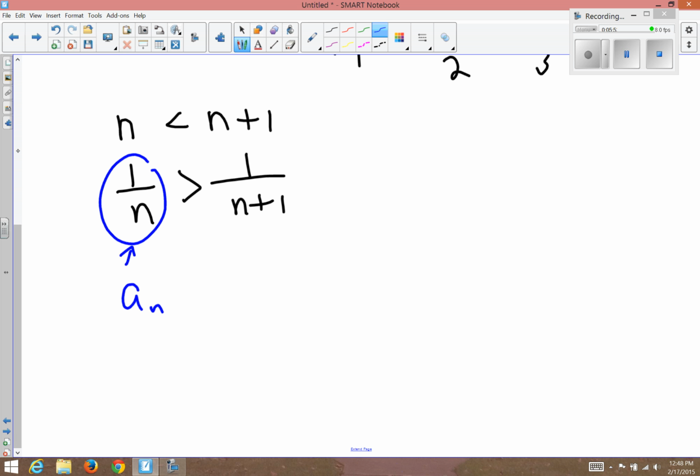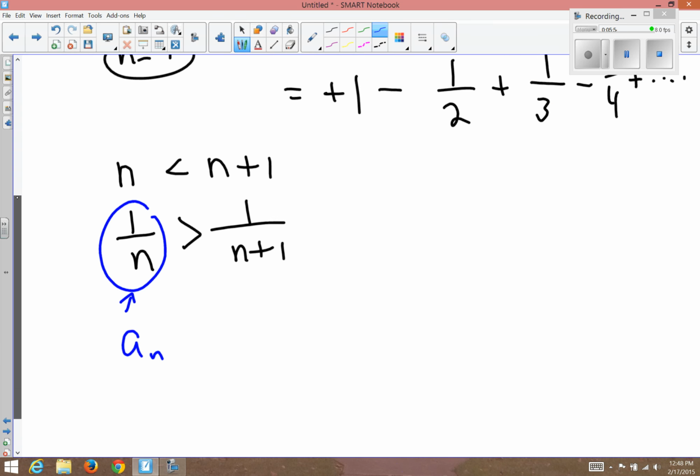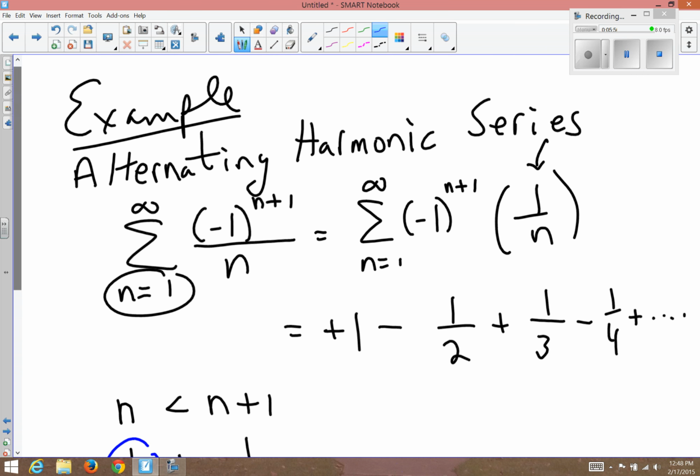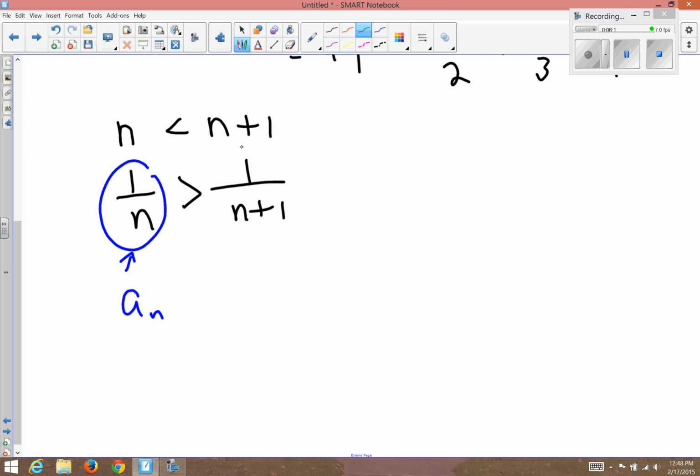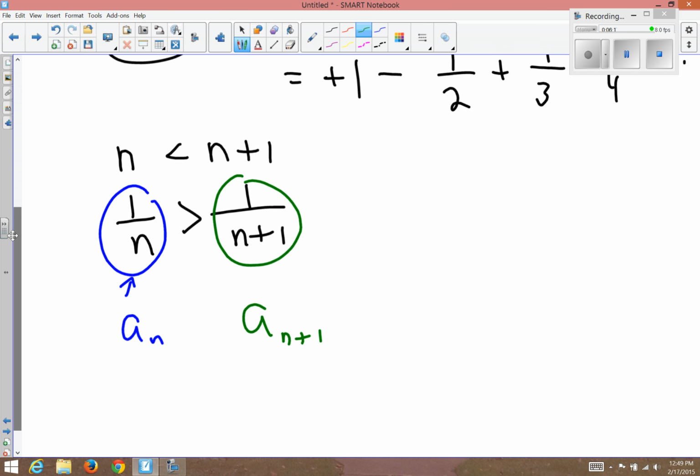Because in this test, the alternating series test, when we say a sub n, we're talking about just this. Ignore the -1 that makes the signs alternate. Ignore the alternator. And in this particular example, that right there is a sub n plus 1, because it's a sub n with n plus 1 in place of n.